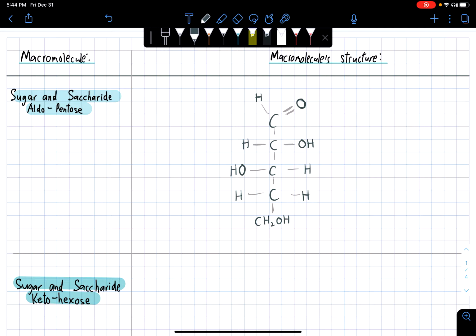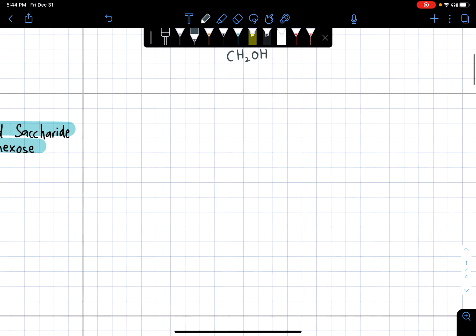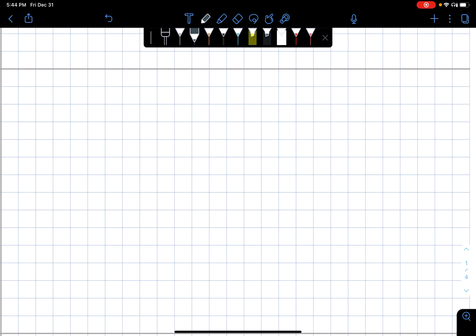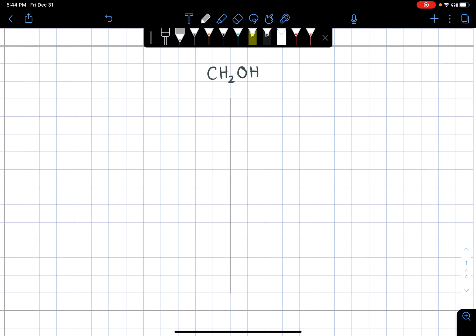Let's move on to ketohexose. At first, we have to draw what's at the very top, which is also CH2OH. We draw a line, a really long vertical line. Actually, not too long. Maybe up to here. We place CH2OH again below. We place an extension there.